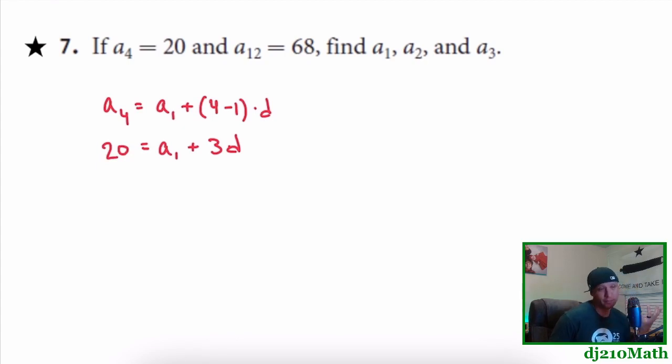All right, that's all we can do. I just plugged in the things that I know. A sub 4 was 20, and it's equal to, sticking to the formula, a sub 1 plus n minus 1, which would be 4 minus 1, which is 3, times the common difference.